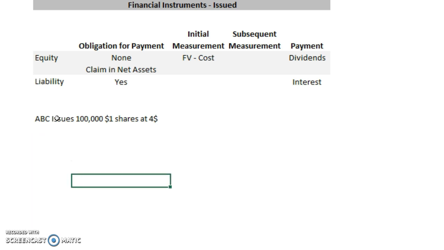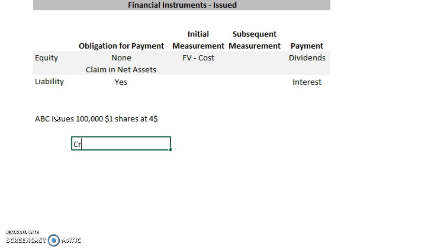Well, obviously we can debit cash, as we have received money into the company. Debit cash. And we've received 100,000 times $4, so that's 400,000.